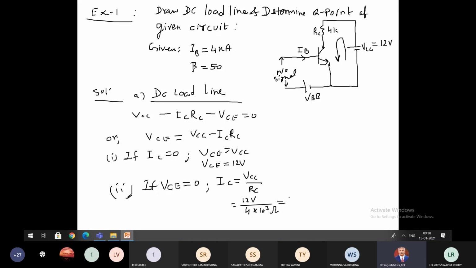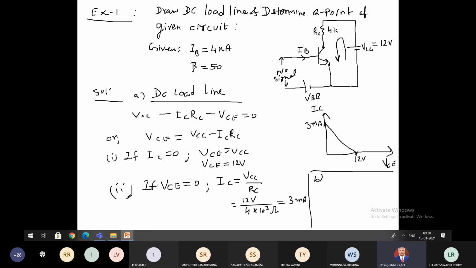So this will be 3 milliampere. Right? So this is the DC load line now. This is VCE and IC and this line. And here on x-axis, it has a value of 12 volt. On y-axis, it has a value of 3 milliampere. Right? This is the DC load line.